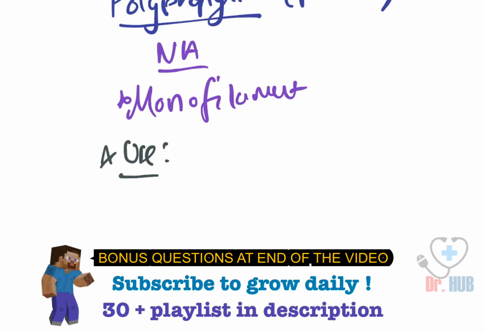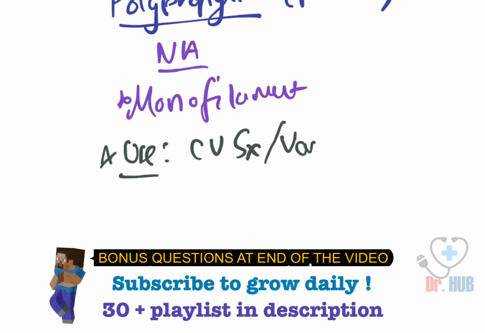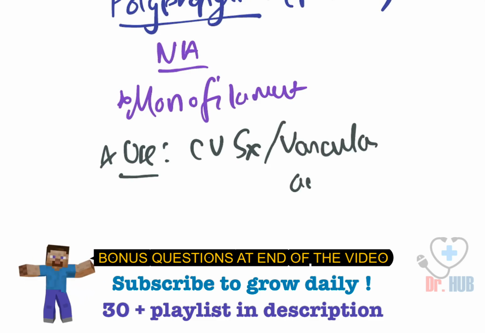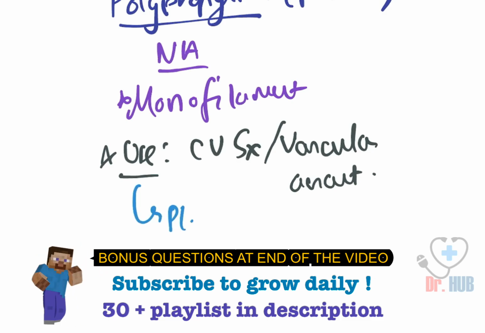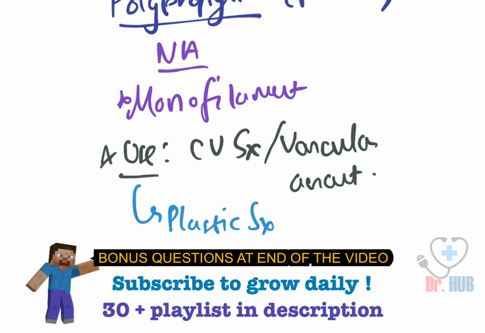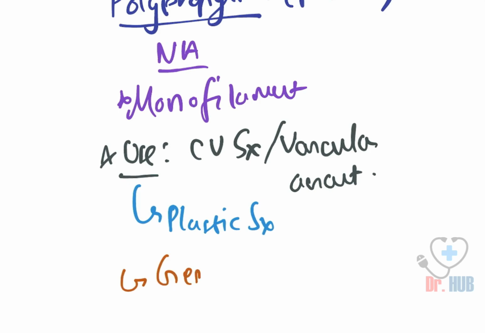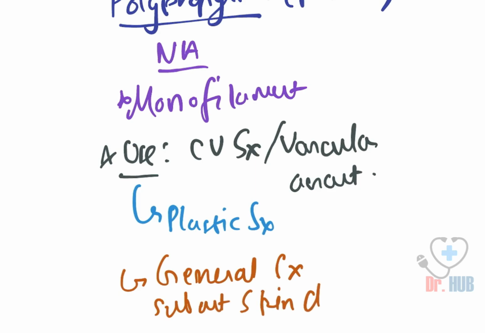It is used in cardiovascular surgery as well as vascular anastomosis. The polypropylene is also used in plastic surgery, and it is used in general surgical subcuticular skin closure.